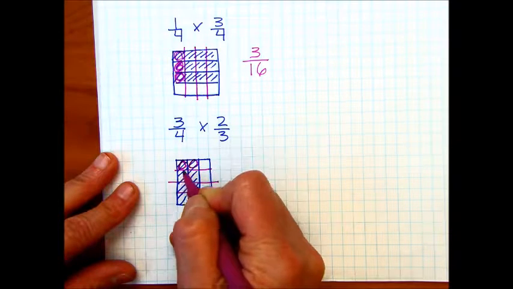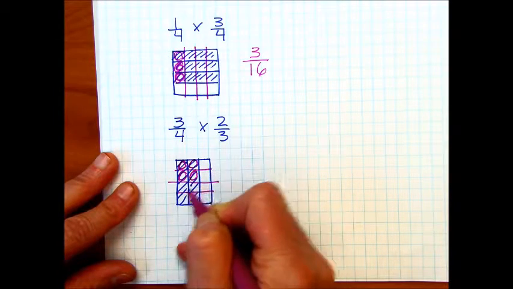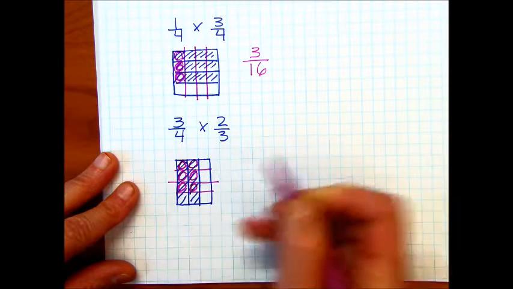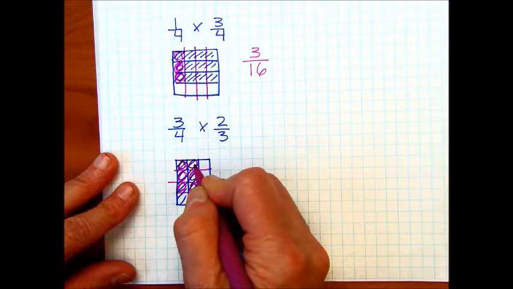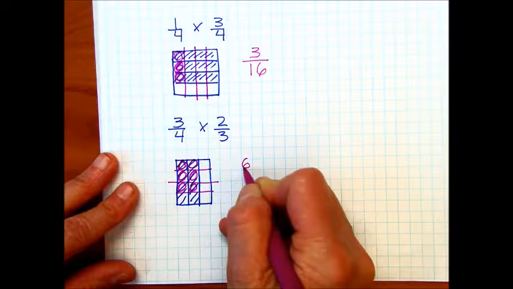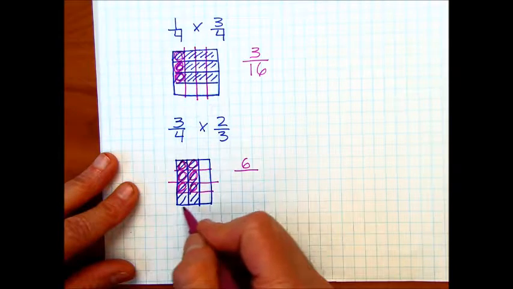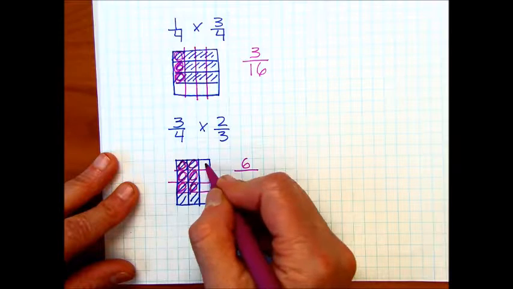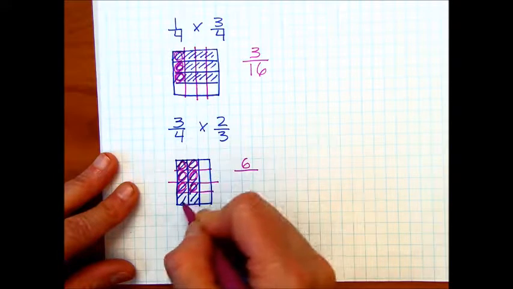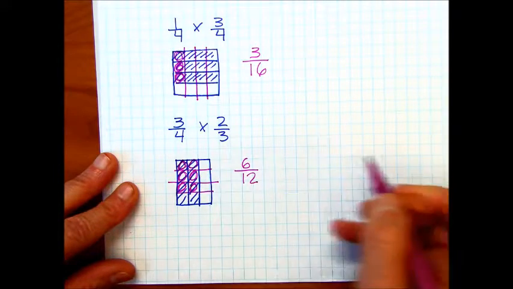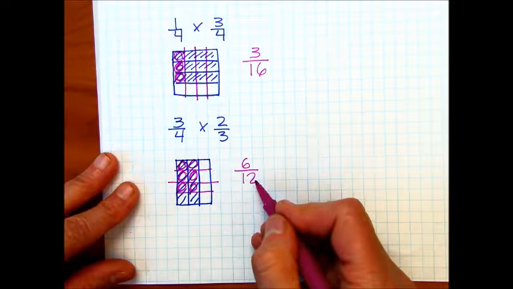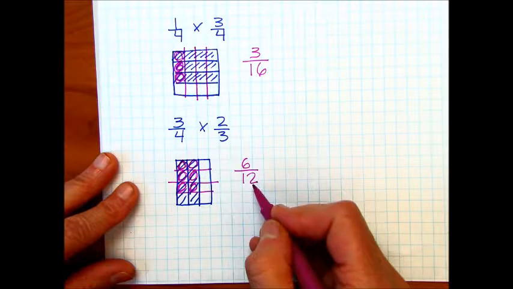So here's 1 row, 2 rows, 3 rows. So now we have 2, 4, 6, so 6 shaded parts out of 12, because we have 3, 6, 9, 12 all together. So this fraction is going to be 6/12.